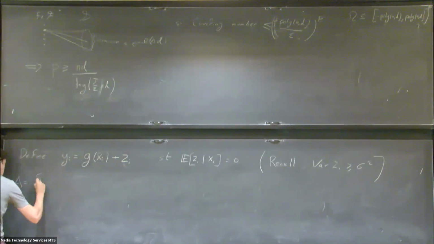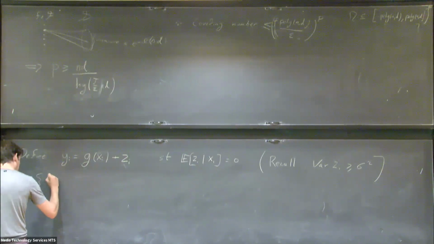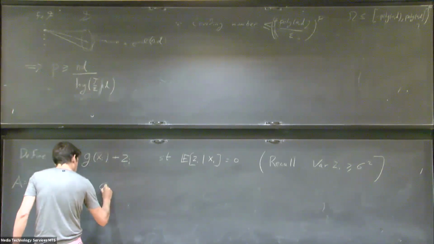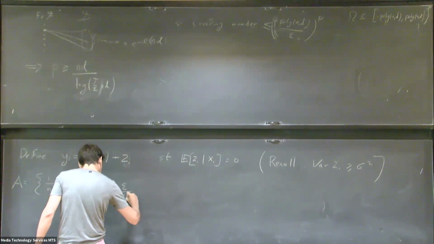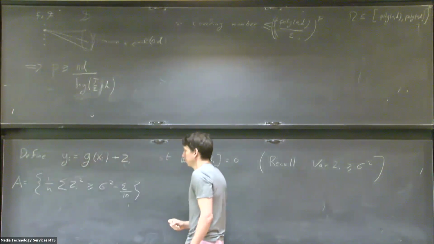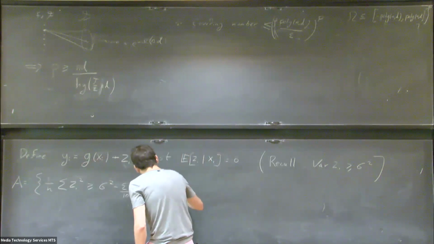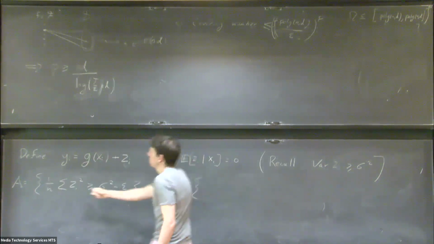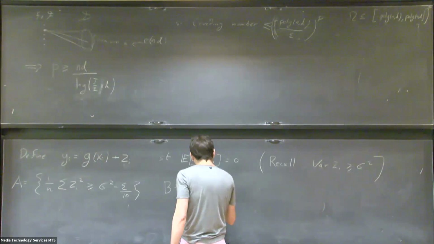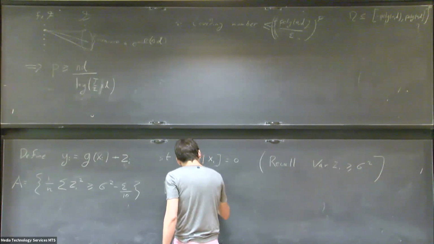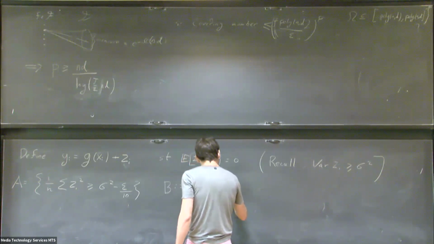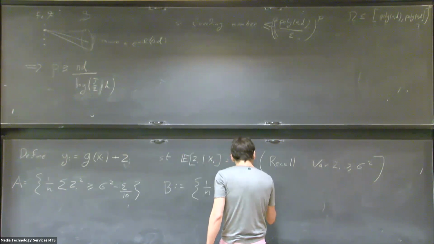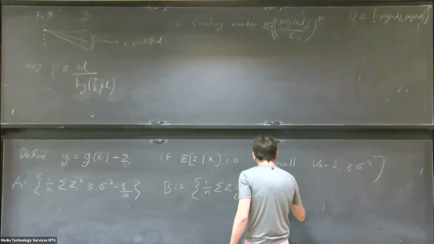Now, let's look at the event A, that the average of the zi squared is at least sigma squared minus epsilon over 10, say. And the event B, that the zi's are not too uncorrelated with the gi's: 1 over n sum zi g of xi is at least minus epsilon over 10.